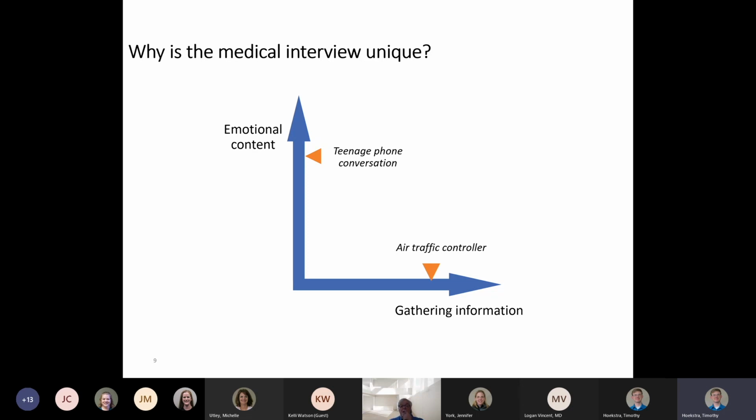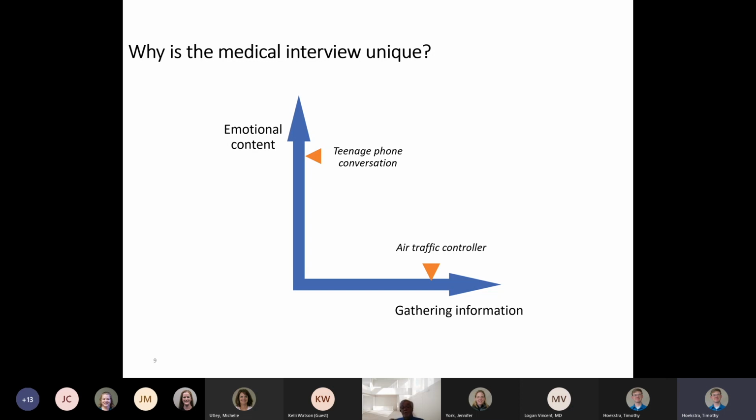I think of my daughter with this. She's not a teenager anymore, but I think back to the days of my daughter, and most of the discussions I had with my teenage daughter were a lot of emotion and not much content. Those of you with teenagers can just chime right in on that. And then there's this axis of gathering information, and we really do need to do that.